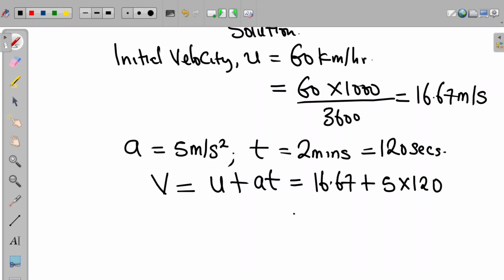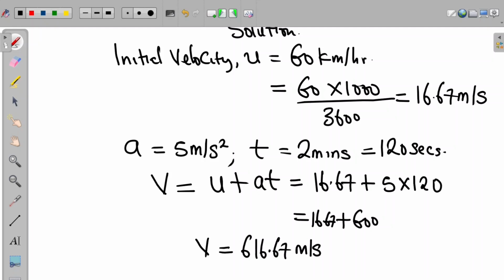So 120 times 5 is equal to 600, plus 16.67. So if we add up that together, our velocity will be equal to 616.67 meters per second. So therefore, we have been able to calculate the velocity of the car after 2 minutes.